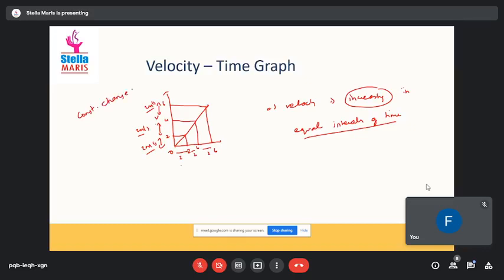Can I say or not? Correct me if I'm wrong. Can I say that there is a constant change in velocity? Yes, sir. What is constant change? That is what is change in velocity? Acceleration, sir. Acceleration. So can I say that it is constant acceleration or not? Correct me if I'm wrong.